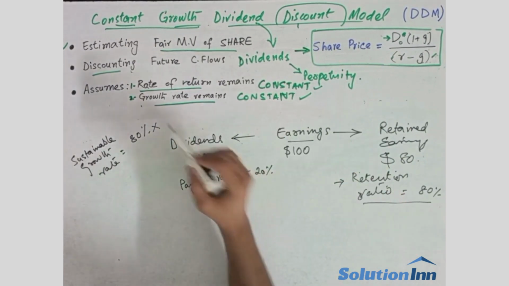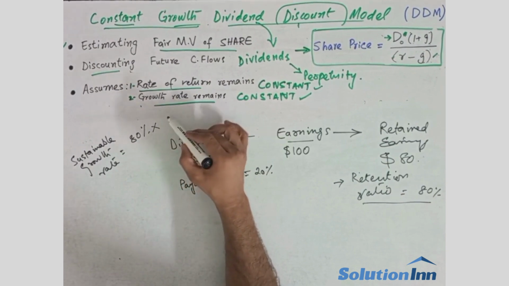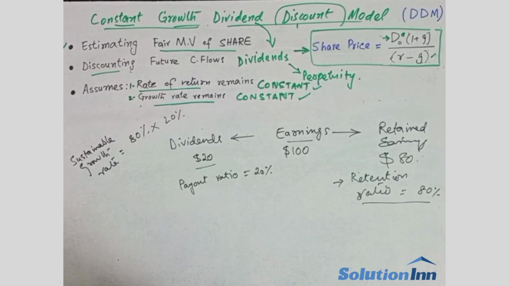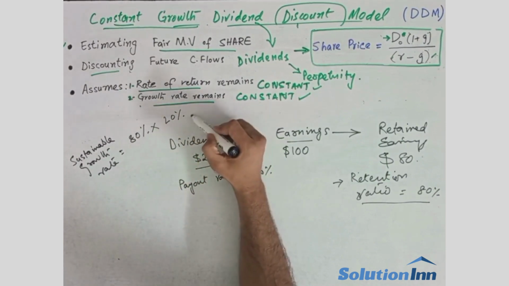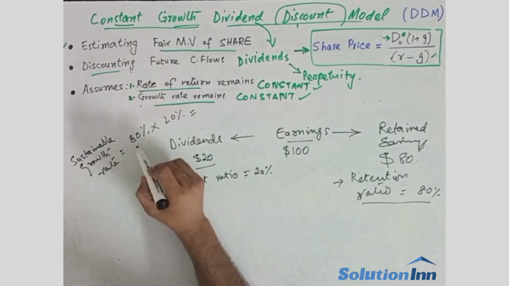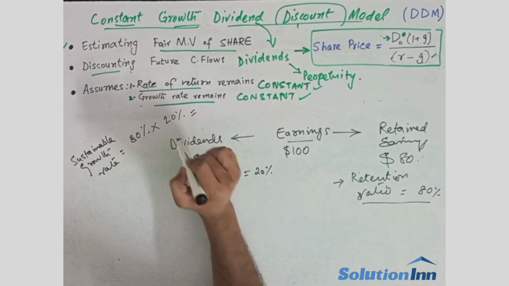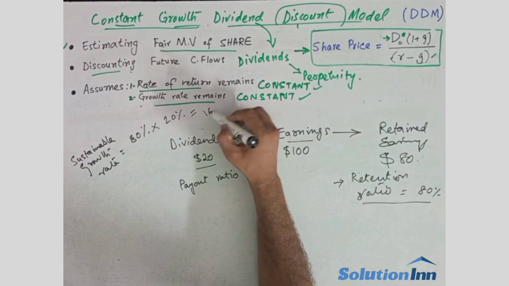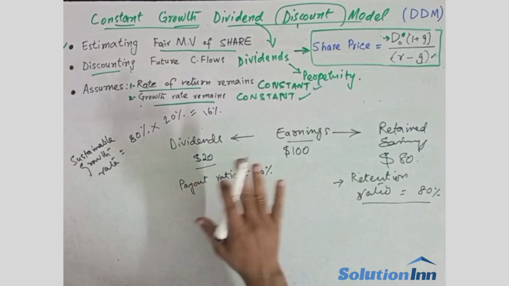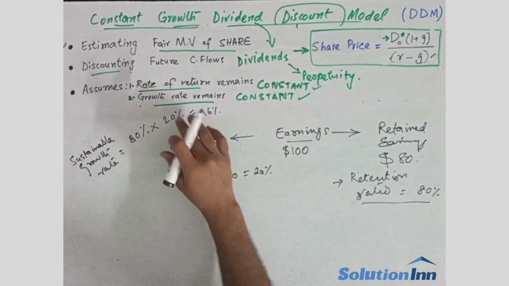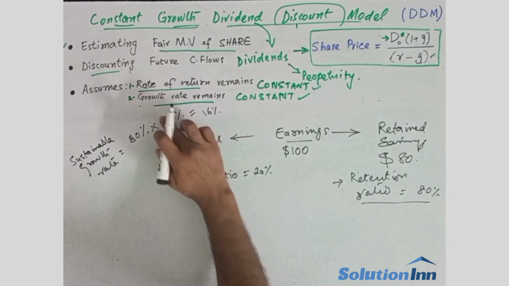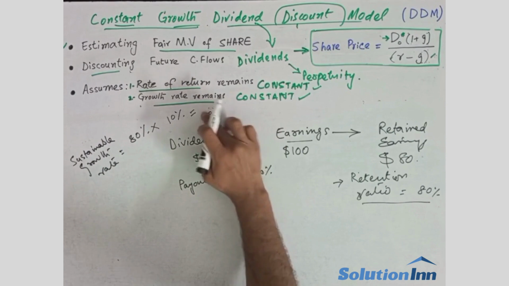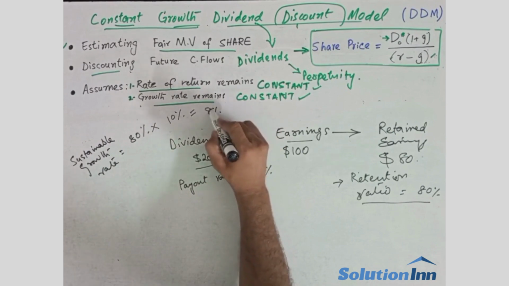So assuming a company is earning 20%, then the growth rate is 16%. That's pretty high. Let's assume a company's rate of return is 10%. Then the rate of growth would be 8%.